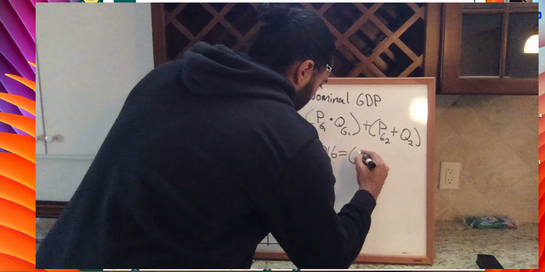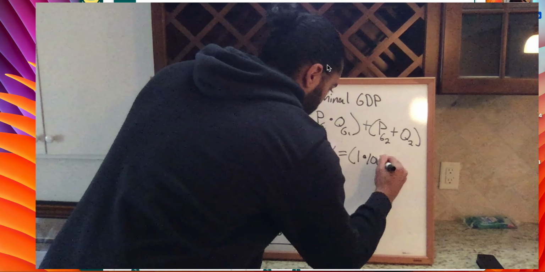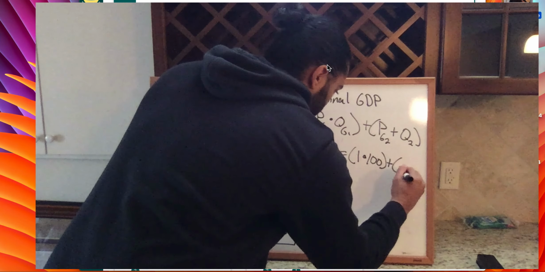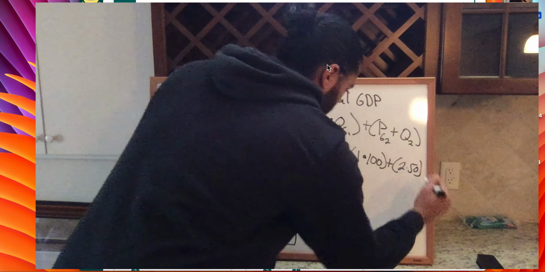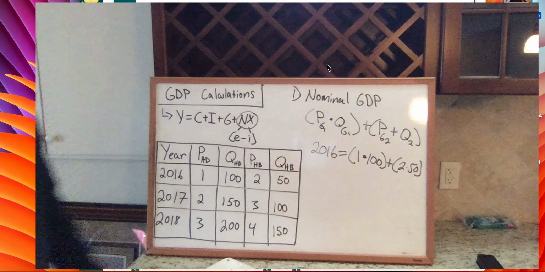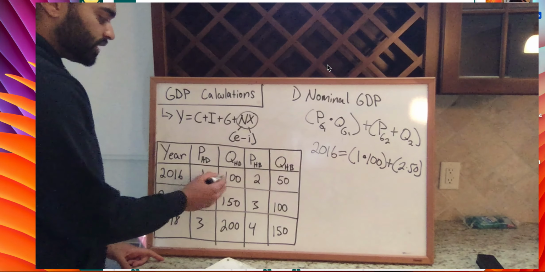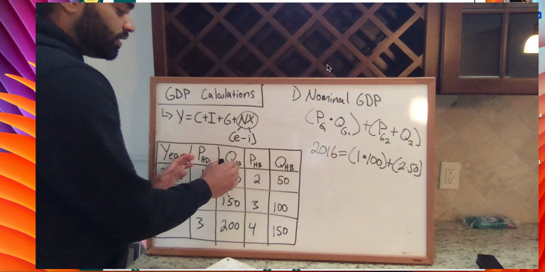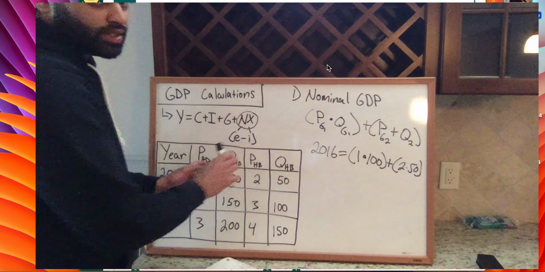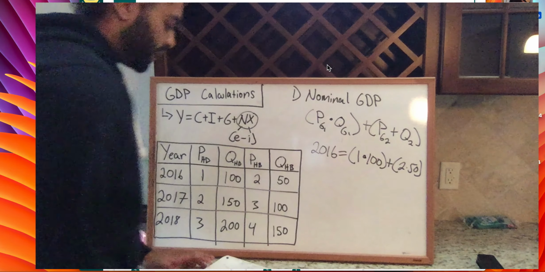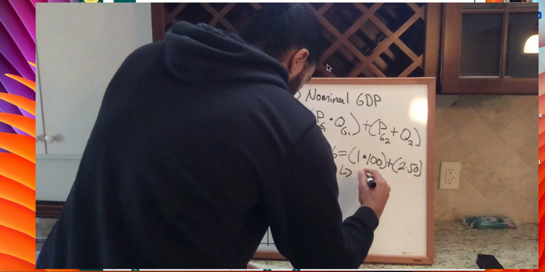The numbers you're going to plug in are 1 multiplied by 100 plus 2 times 50. I got these numbers from this table right here. We're just looking at this first row. So it's 1 times 100 for good one, and you multiply 2 times 50 and add those two together. This is what you get, and your nominal GDP in 2016 is going to be 200.